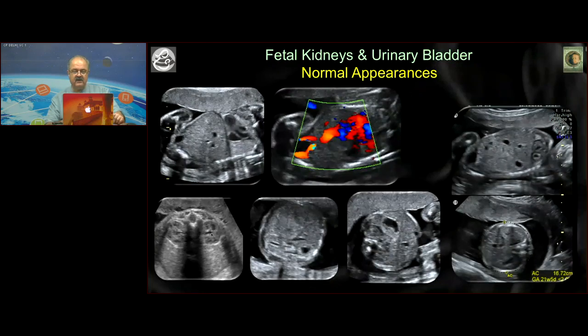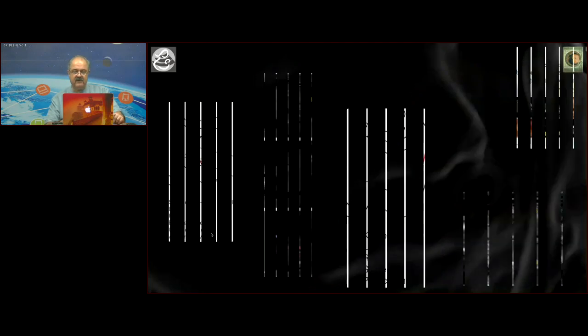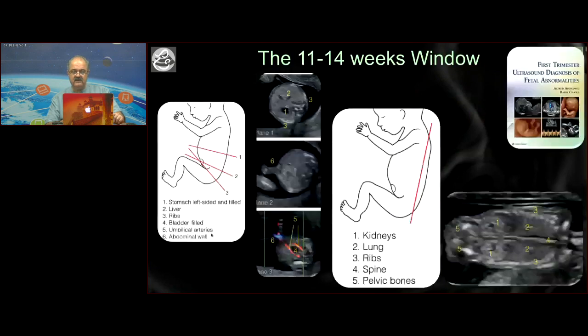Looking at it is possible even in an earlier window, and these are images that I have taken from Ravi Chavi's book because they really illustrate the point well. Now, when we look at the 12-week fetus, we do 3 sections. One is here, where we see the stomach and the portal sinus, and we see the spine at the back.